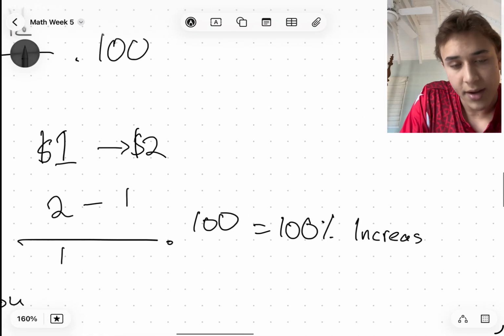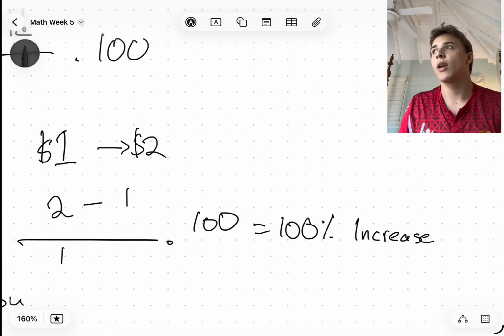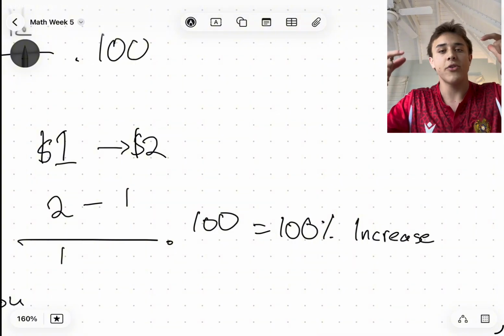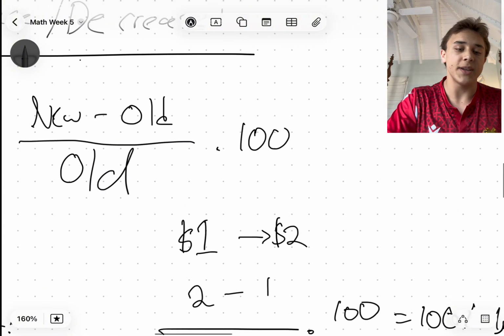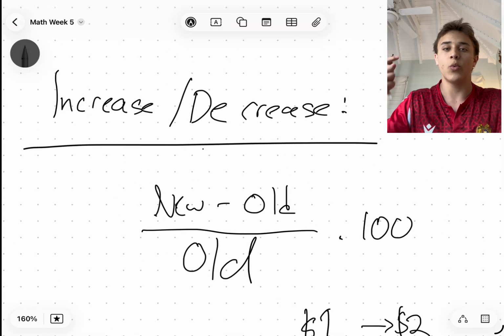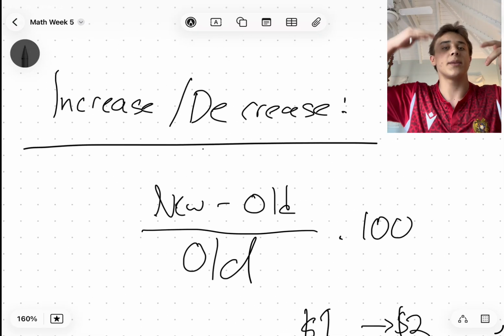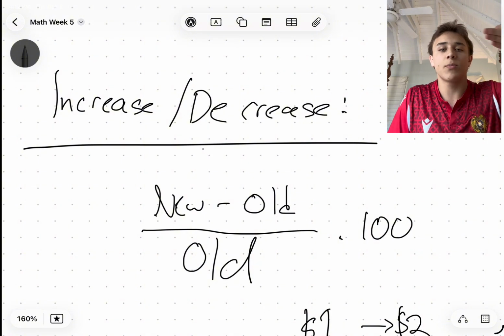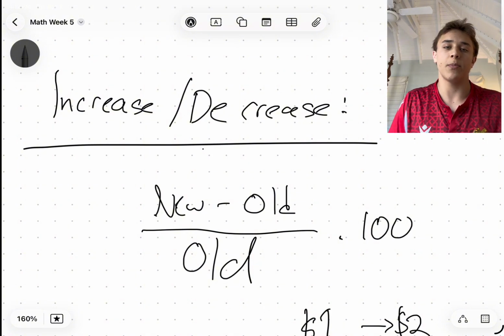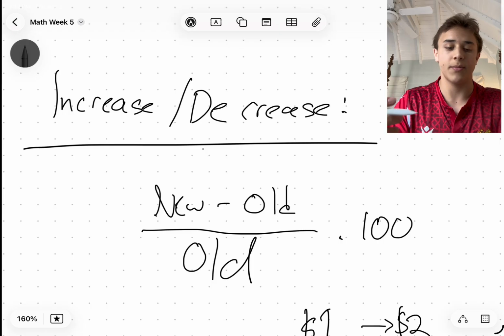Another way to think of this is that you want the difference compared to the original, because it's increased compared to what it originally was. The difference is the same as the increase or the decrease, and you're taking what percentage that is of the original value by dividing by the original and multiplying by 100.